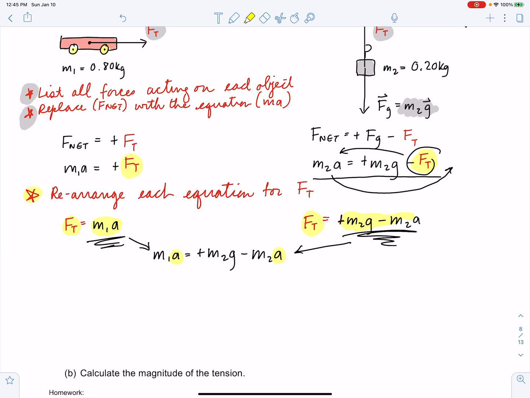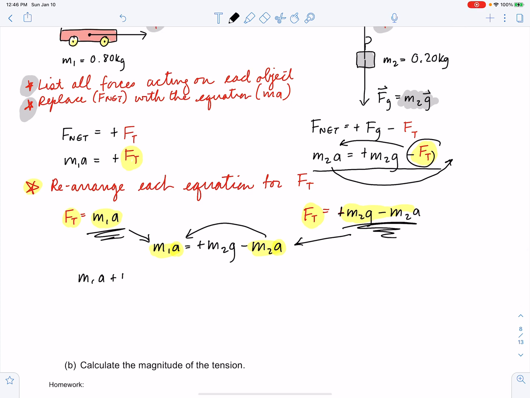So we have an acceleration term on the left-hand side and an acceleration term on the right-hand side. So we have to collect like terms. We're going to bring all the accelerations to one side. So we end up with M1A, and then when we bring that negative M2A over the equal sign, it becomes plus M2A, and it's equal to plus M2G.